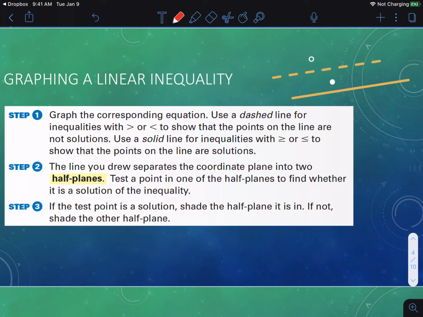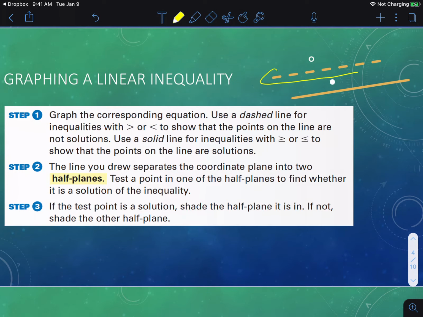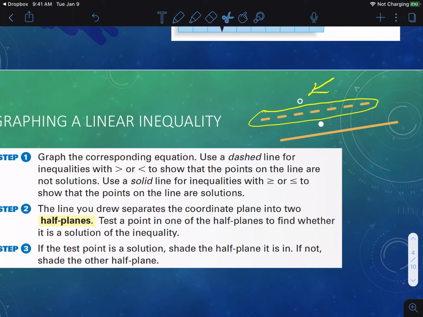Notice in my drawing on the right, I created a line made of dashes. That's really the same as when we were graphing on the number line. Remember, we were using an open dot, like that guy right there. So this dashed line is saying exactly the same thing as that open dot.